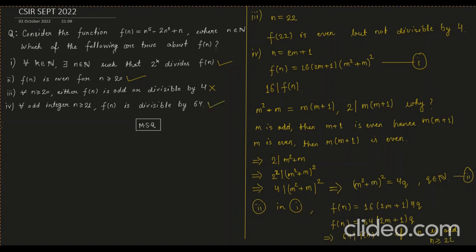The simple technique we used is that every integer follows the unique factorization property, unique factorization into primes, and hence if 2 divides m square plus m, then 2 square also divides (m square plus m) whole square, and then we moved on to the equation fn equals 64 times (2m plus 1) times q, and hence 64 divides fn. That's it for today. See you soon.